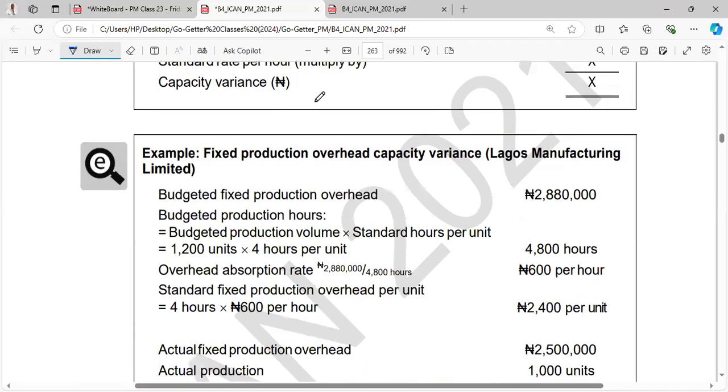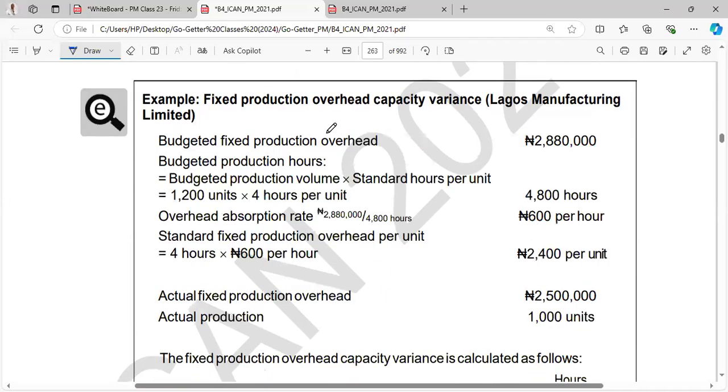So if you look at this here, budgeted fixed overhead is this, budgeted production in hours, still the same thing, 48. Look at the overhead absorption rate. Now take note, standard hours is for just setting the standard. Overhead absorption rate is for budget.